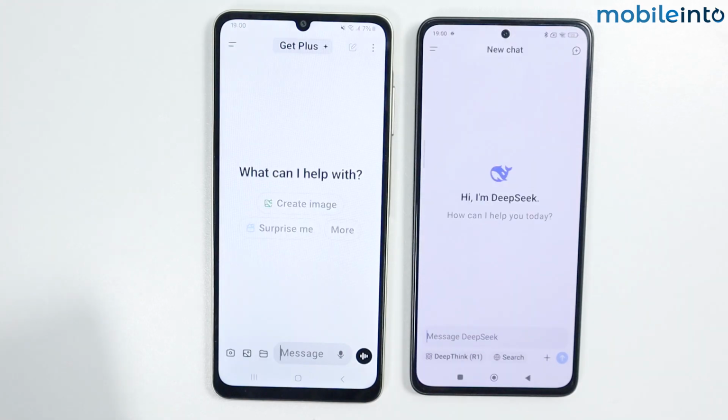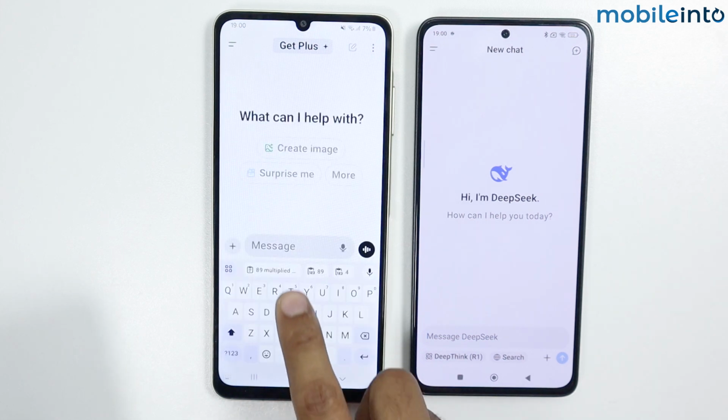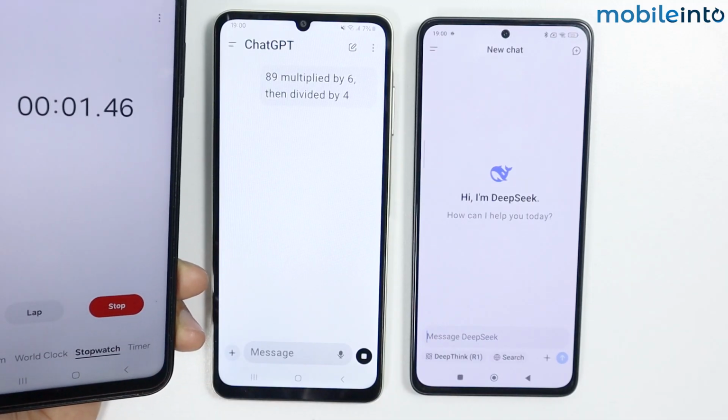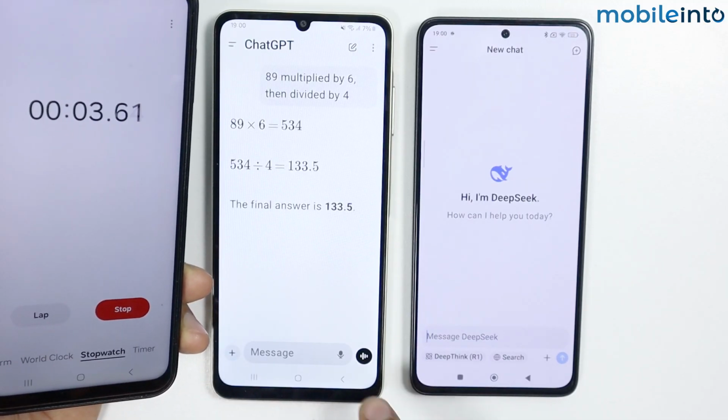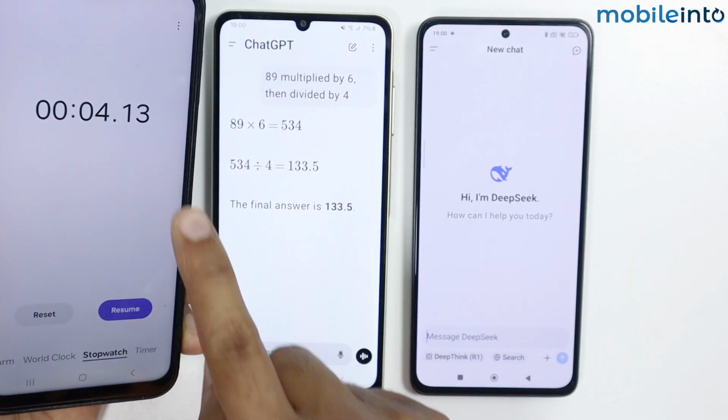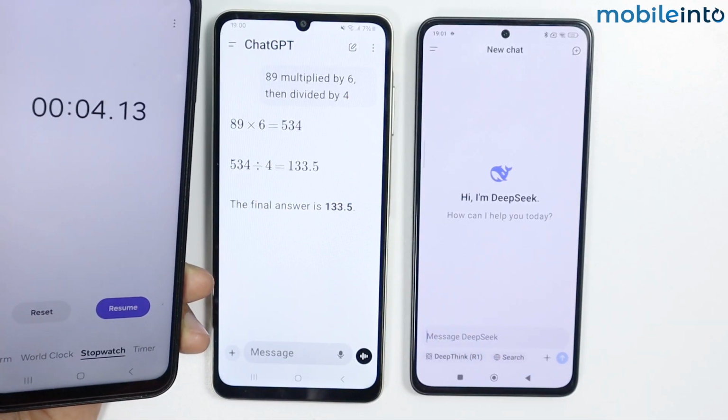Now let's try a medium difficulty math problem. First, I am asking this question to ChatGPT. ChatGPT gave this question answer in 4 seconds. Now let's try DeepSeek.